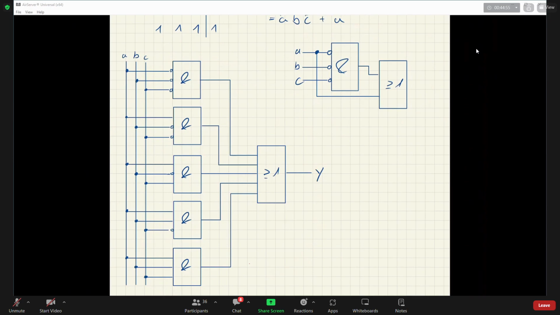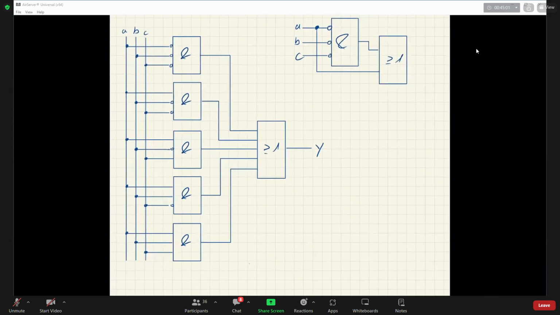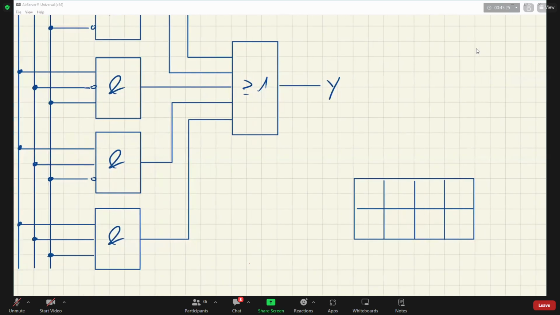And now the last thing is to simplify that with the K-map as well. We have 3 inputs for the K-map, A, B, C. So let's have here A and B, C, but it doesn't really matter how you're arranging.